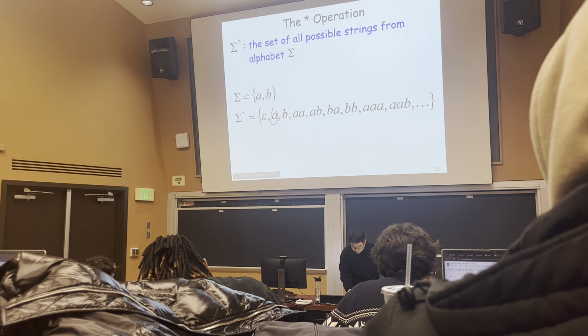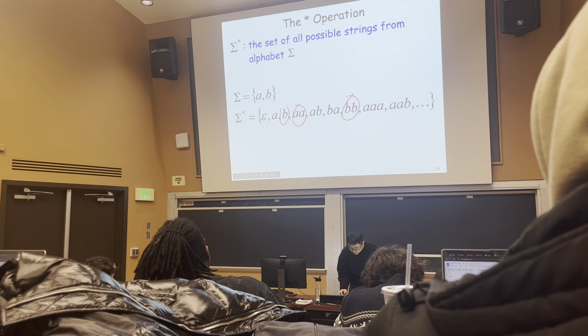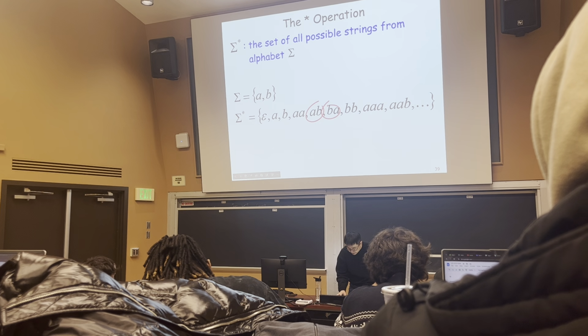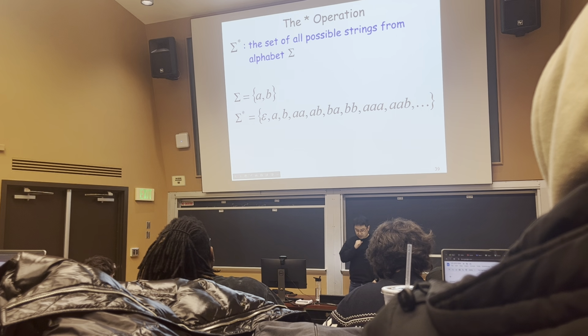You can select A, B, or maybe two A's, or two B's, three A's, and also you can say AB, BA, AAB. So any string generated using the symbols from the alphabet belongs to sigma star. Okay, sigma star.